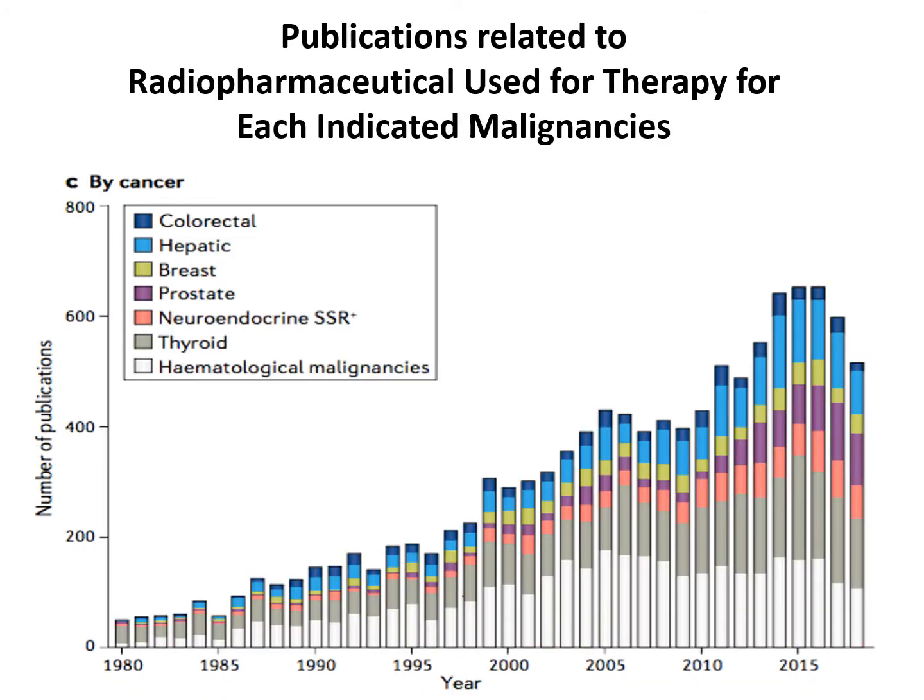This is the publications related to radiopharmaceutical use for therapy for each indicated malignancy, according to the type of cancer. You can see the areas being focused on are obviously hematological malignancy, thyroid cancer, neuroendocrine, SSTR, prostate cancer, breast, hepatic, as well as colorectal cancer.